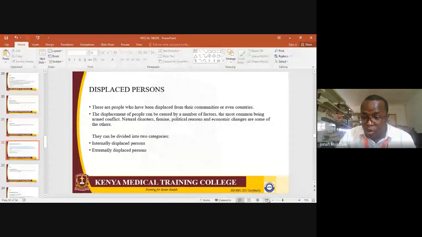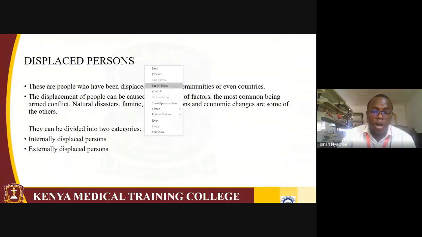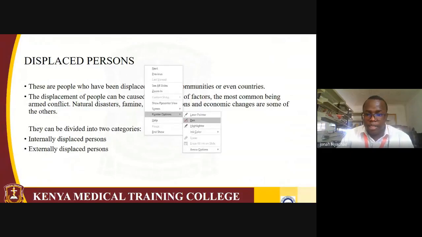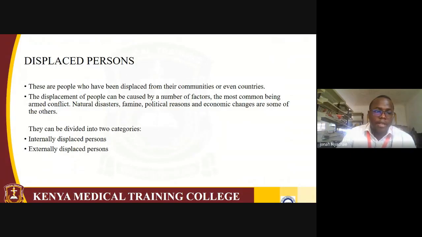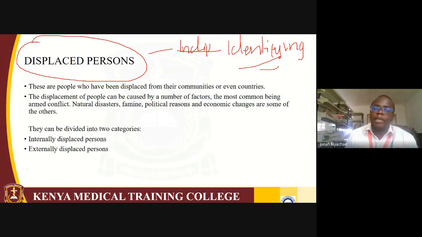So, we also have individuals whom we call displaced persons. Remember in our first objective, we were talking about identifying those people who have special needs.